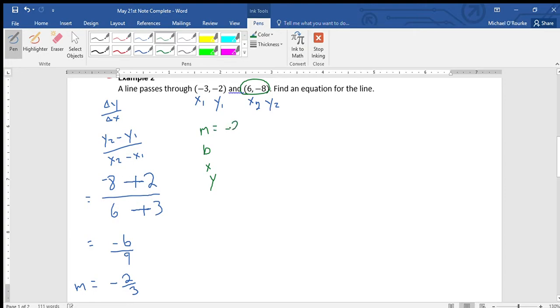This is -2/3. We don't know b. We know x is 6, and we know y is -8. I'll give you a second to do that if you're writing along with me.